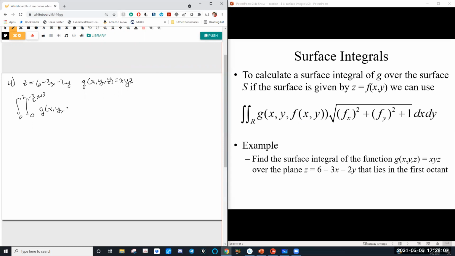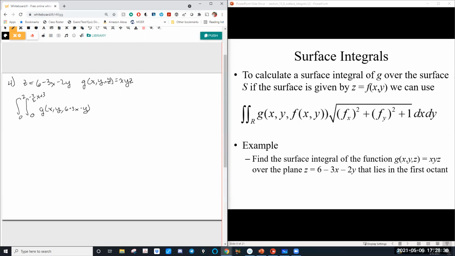Instead of putting z here, because I don't want z in there and I can't integrate it, I'm going to put what z is equal to, which is that guy right there: 6 minus 3x minus 2y. That keeps the function in terms of x and y, because remember, we're on this surface, so we already have z defined in terms of x and y on the surface.